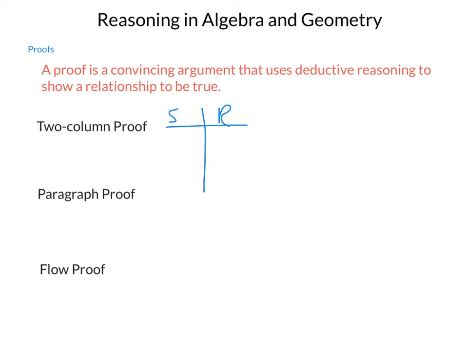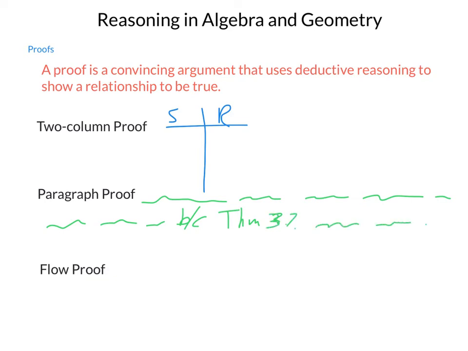You'd have to, either by email or text message, write out a description of what's happening, and through that you might say, because of, in this case, let's say theorem 3.7. And then we go through and we give more explanation.